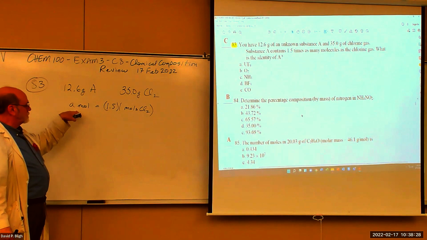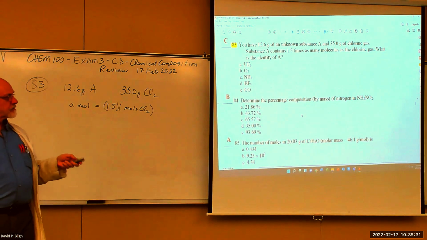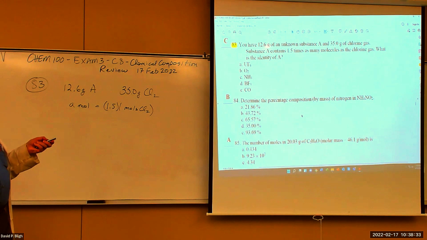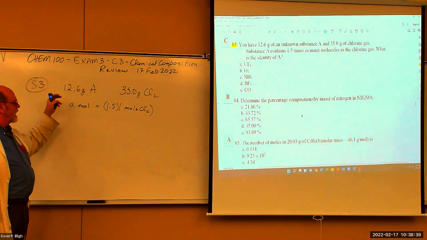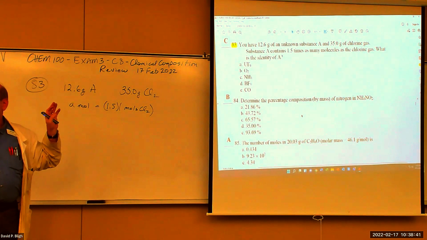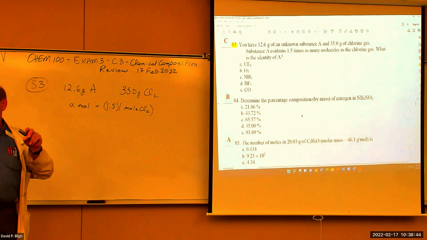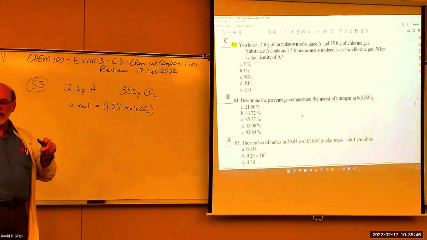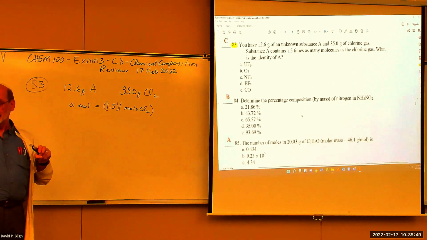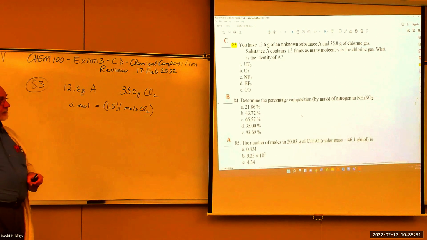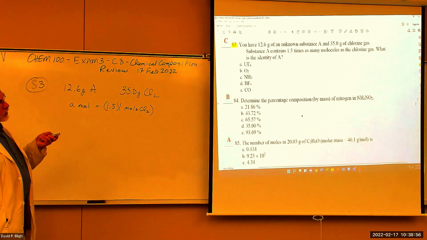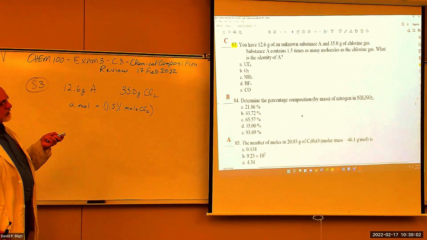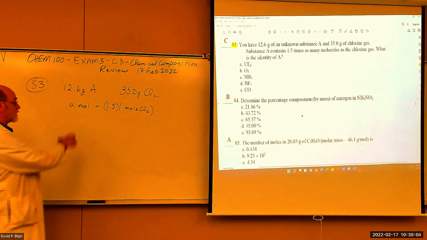Notice what they're asking us. An unknown substance has this mass, and all we need really is the number of moles. Because if we know the molar mass of a substance, we can usually identify what it is, as long as it's an element. Okay, so we look at our choices. Our choices are compounds, and here's one molecule. So this could be a compound.